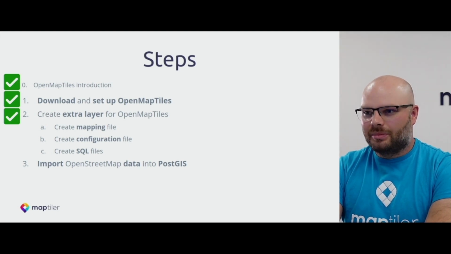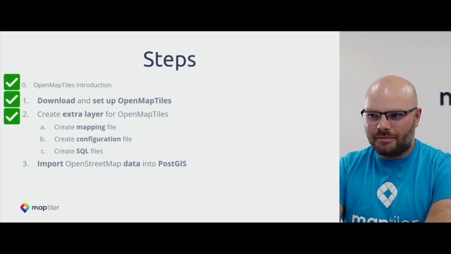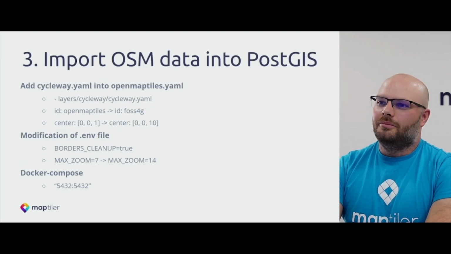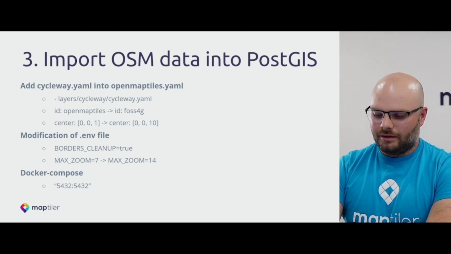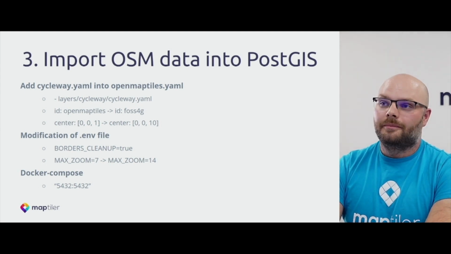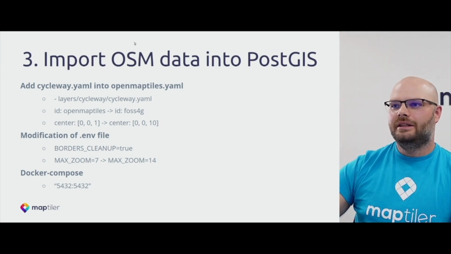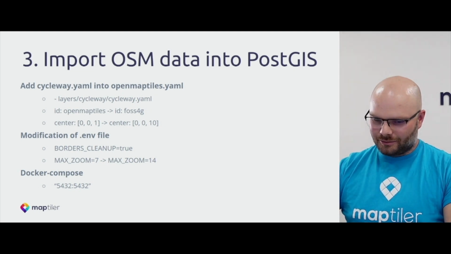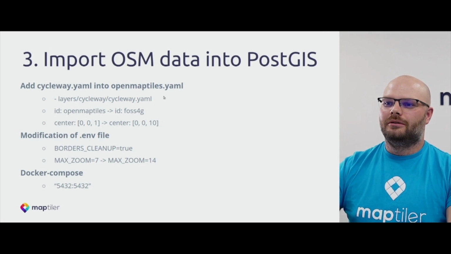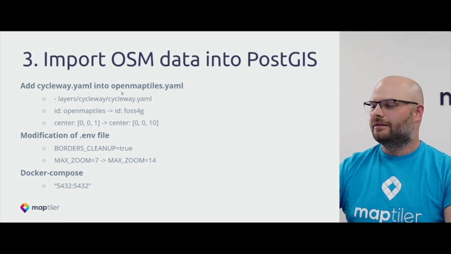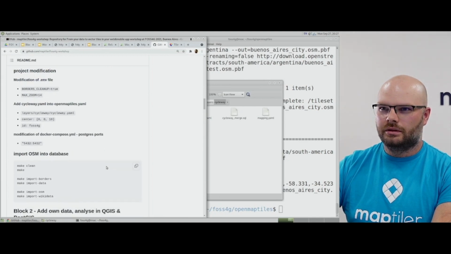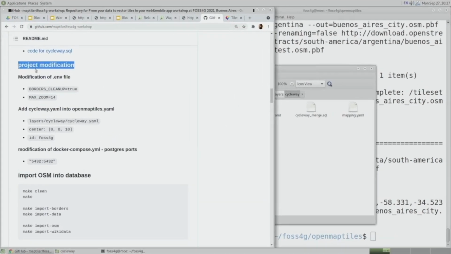The last step is importing OpenStreetMap data into PostgreSQL with PostGIS. Before we run all the steps for OpenMapTiles, we need to make a little modification to three files in the project. At the end of the project, the modification step.